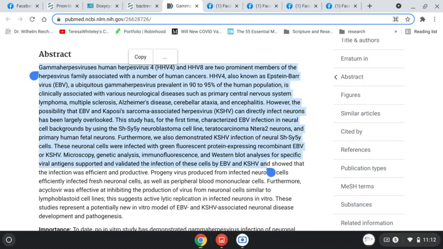This study has, for the first time, characterized Epstein-Barr virus infection in neuronal cell backgrounds by using the SH-SY5Y neuroblastoma cell line, teratocarcinoma-derived neurons, and primary human fetal neurons.